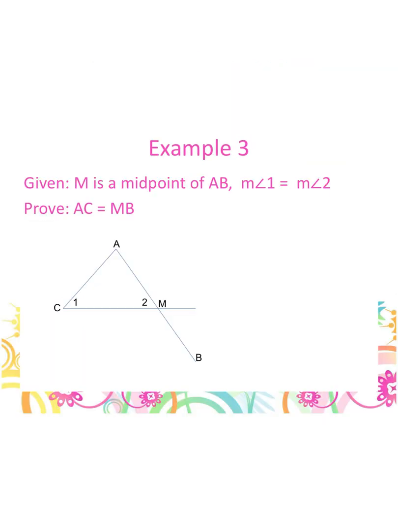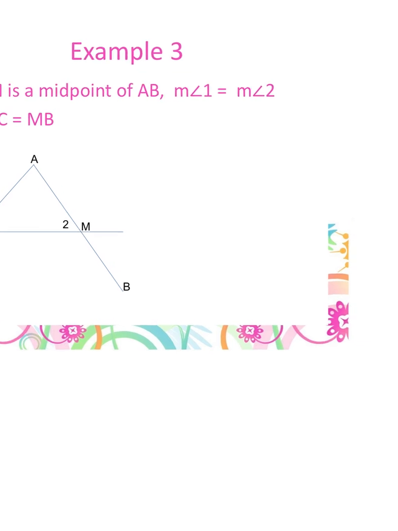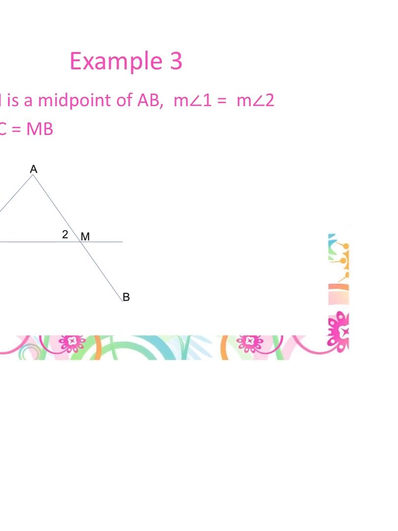So another proof, this time they didn't give us anything, so we got to do everything by ourselves. So let me go ahead and set up my statements and my reasons.